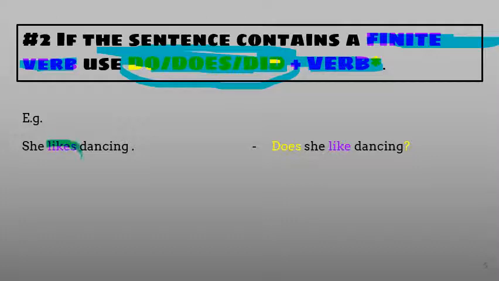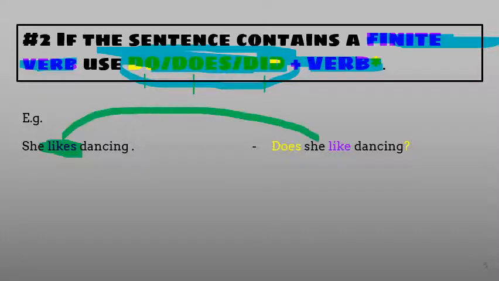So she likes dancing. I can't say likes she dancing. I have to use either do or does or did. In this case, I'm going to use does she like dancing?